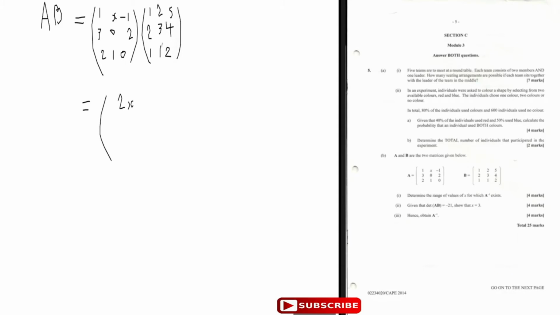Then row times this column is 2 plus 3x minus 1. But the 2 minus 1 is 1, so it's really 1 plus 3x.